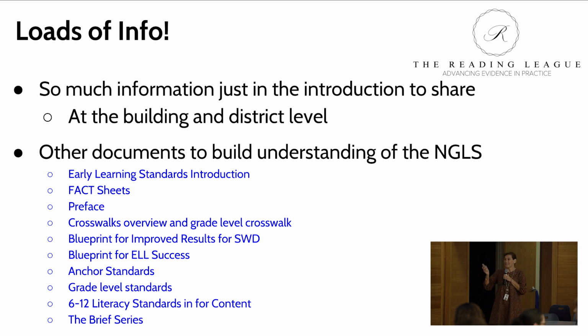In addition to the introduction, there is an Early Learning Standards introduction written by the Early Learning Task Force. There are fact sheets, there's a preface, there are crosswalks. There is a blueprint for improved results with students with disabilities. There is a blueprint that was written for ELL success.